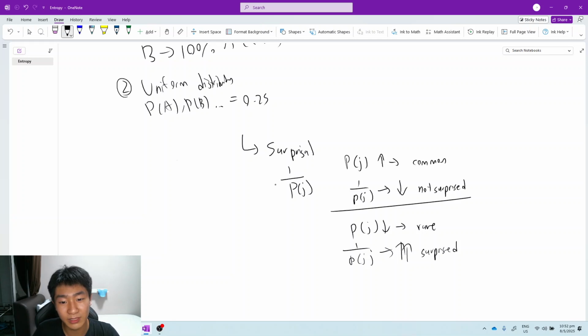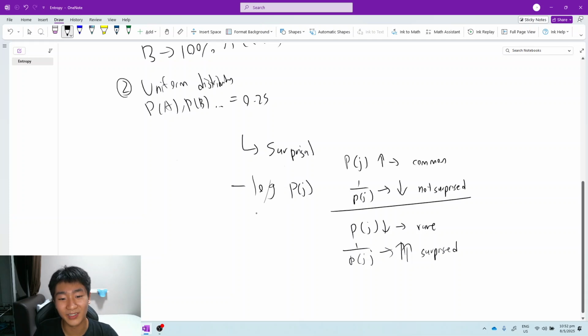So, if you want to represent surprisal in an equation, and it has this annoying reciprocal function, we can use the magic of log functions, and as you know, with log functions, you can take away the power via the power rule. And so, if we add a log to this, and we represent 1 over Pj as Pj to the power of negative 1, you can just reformat the equation to be negative log Pj.